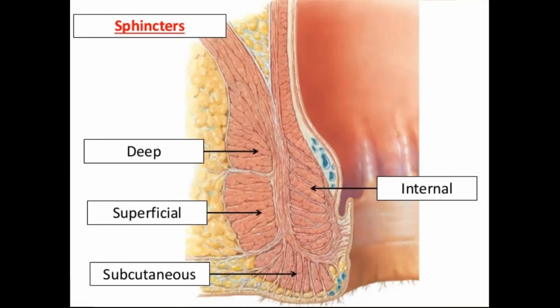For the external sphincter, you see there are three parts: subcutaneous, superficial, and deep. Which muscle contributes? The levator ani can contribute part of the deep external sphincter. What type of muscle is the external sphincter?